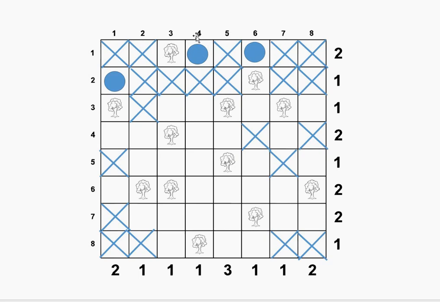Okay. Now, if we look at column number 4 and column number 6, there is just 1 tent here and 1 tent here, and they are already here in both columns.